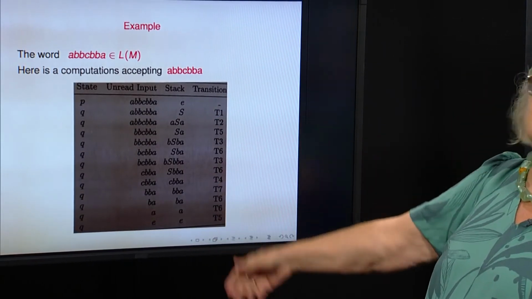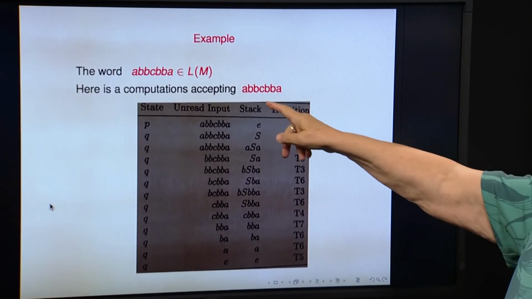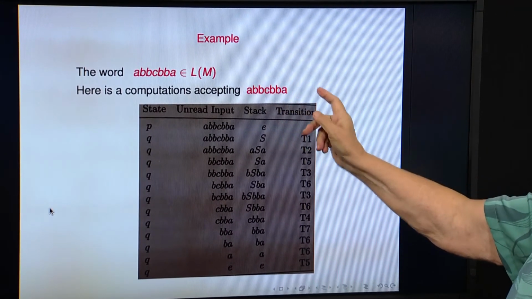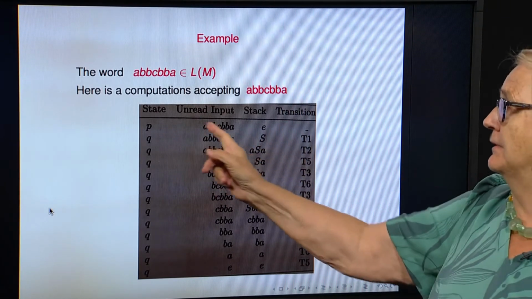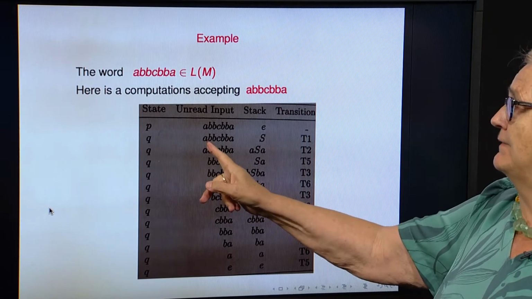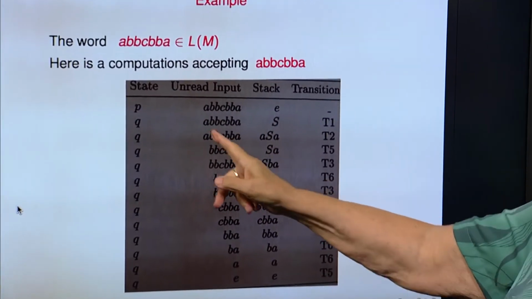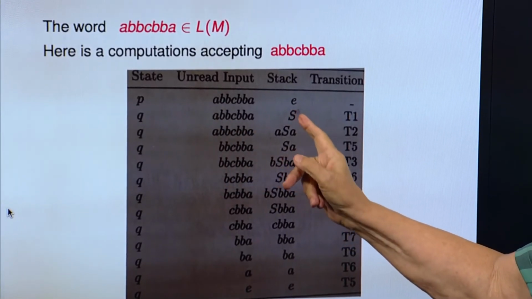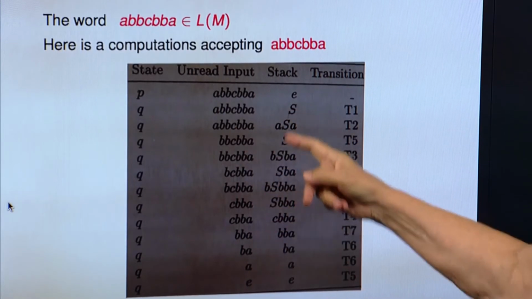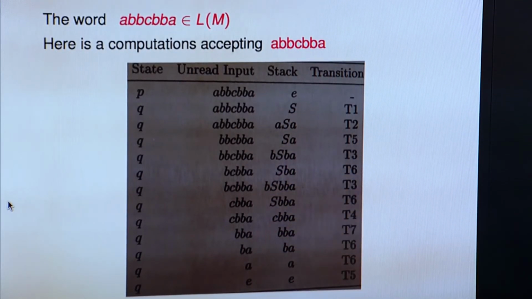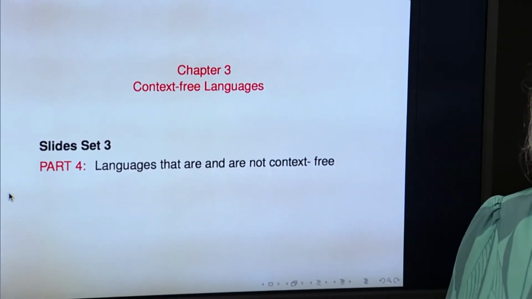And here is a nice computation, which accepts the word A, B, B, C, B, B. You see here that this is your initial, you go, and the rule says that you put S, and now S, you read A, S was S, you replace by AS, and so on. So you read and replace, and then you replace everything back. And there are more examples.